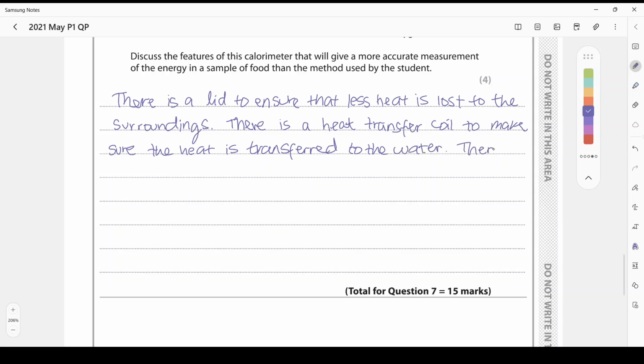All right, there is a stir to distribute the heat in the water.